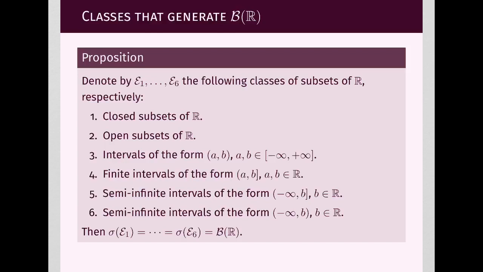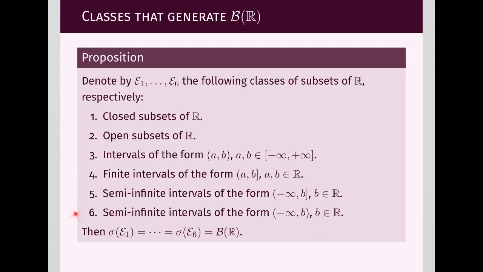Or the family of semi-infinite intervals which are closed on the right, so they are semi-infinite on the left and end at some point B, where B must be a finite real number. Or the family of semi-infinite intervals of the form (minus infinity, B), open at B, for B being any finite real number.